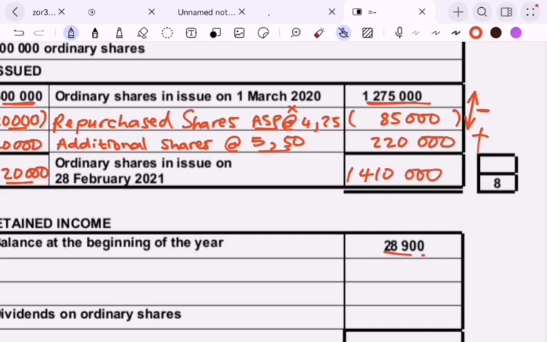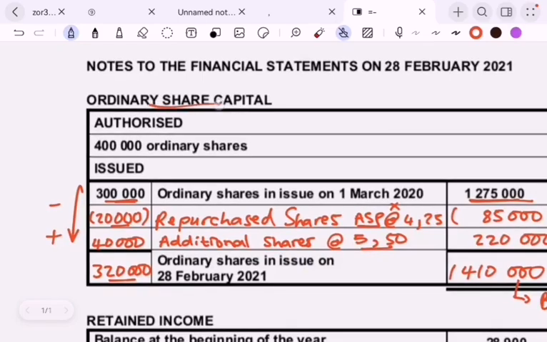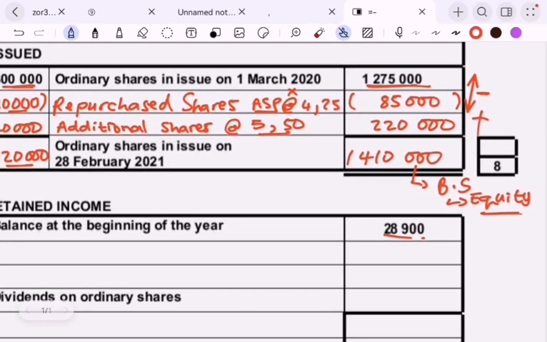Simple and easy. So this amount is the one that is going to affect your balance sheet under your equity section. And obviously, it's going to occupy the ordinary share capital spot right under your equity section in your balance sheet.